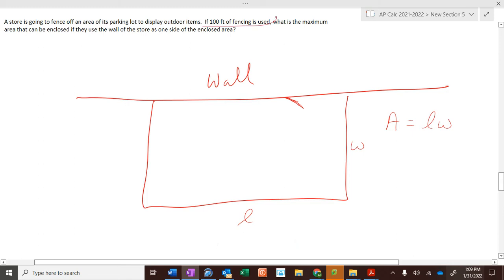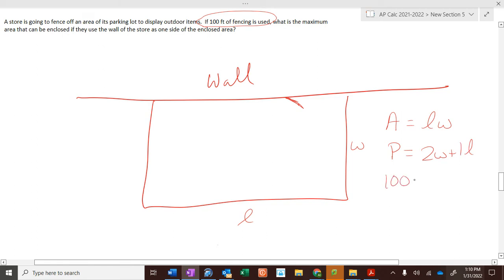Now, they're using 100 feet of fencing. Is that area? No, that's the perimeter. Now, if they use the wall as one of the sides, do we count that wall for the perimeter? So how many widths are involved in this? 2 widths and 1 length. So the perimeter is 2 widths plus 1 length.